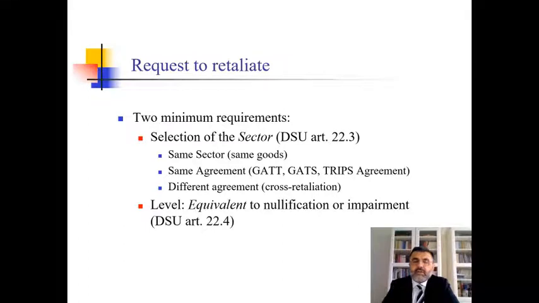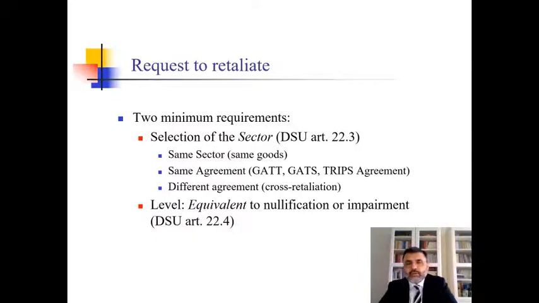And there, the rule is that the level of retaliation has to be equivalent to the level of nullification or impairment, or damage, in a sense, right, caused by the measure at issue, right? So in other words, the level of the retaliation has to be proportionate to the level of damage or nullification or impairment caused by the respondent's WTO inconsistent measure.